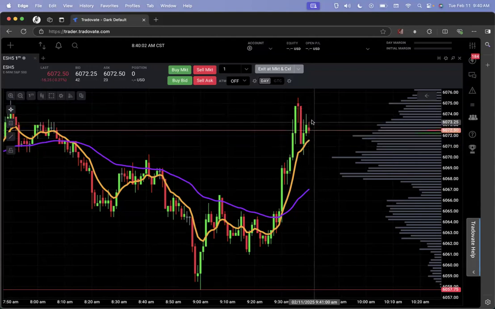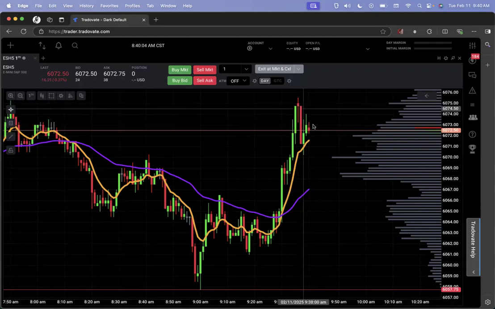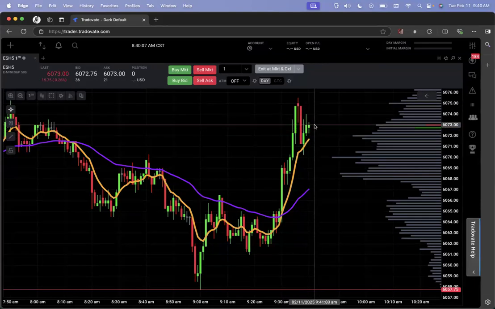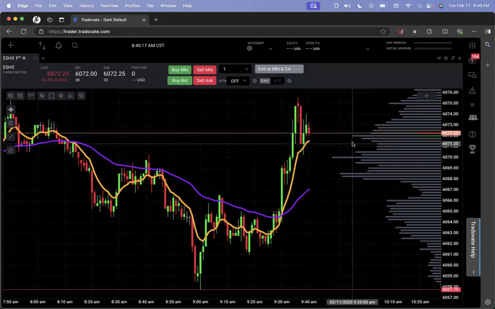Still holding the 9, but we haven't yet created a new high. Let's see how long we hold up.